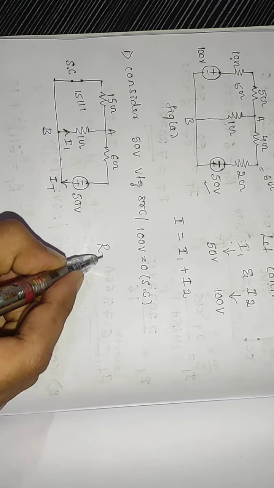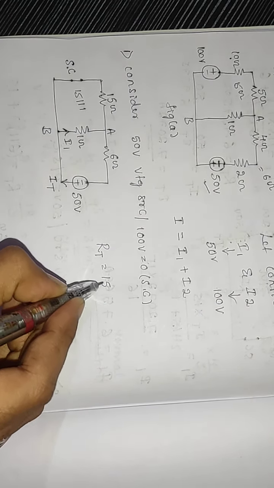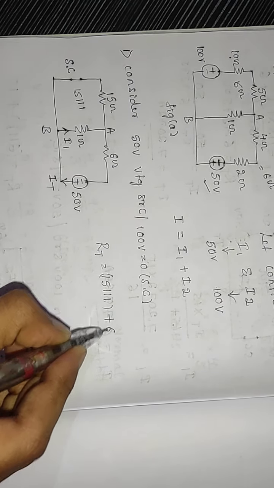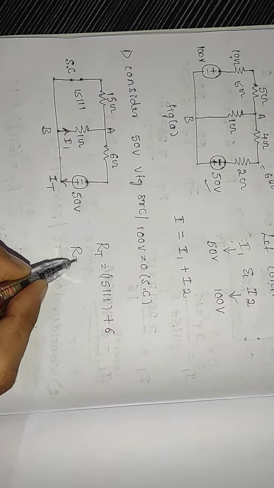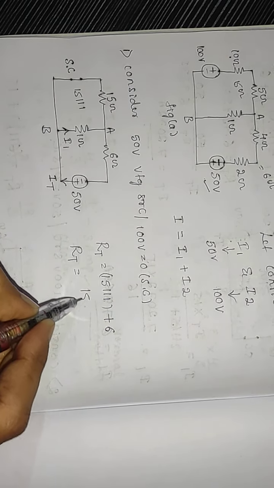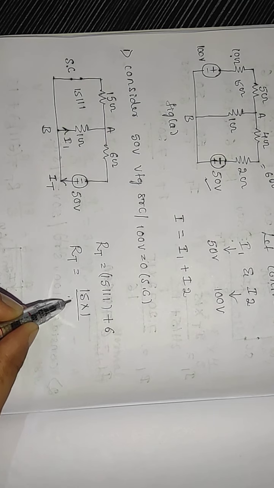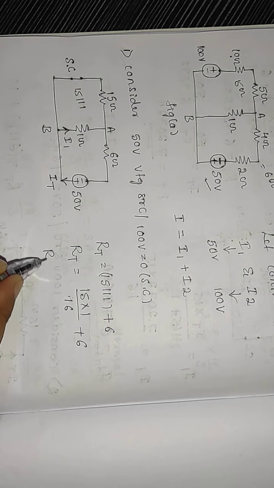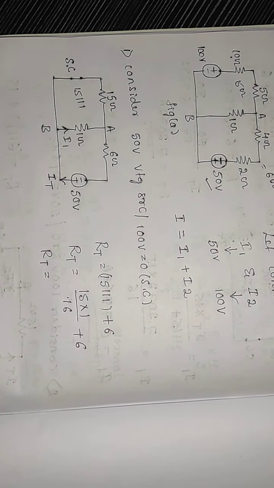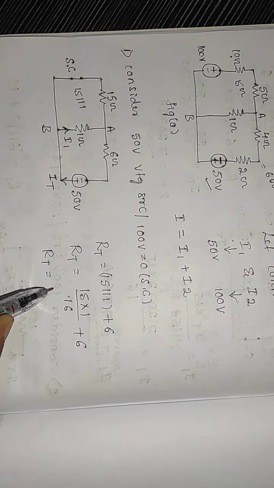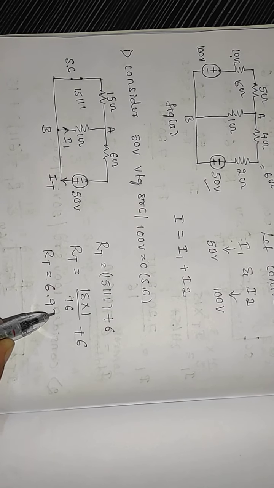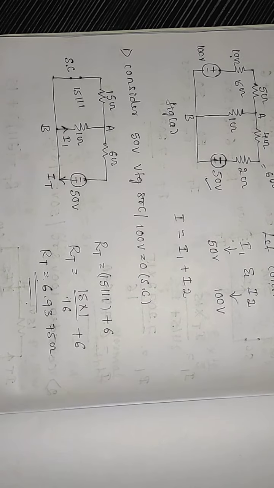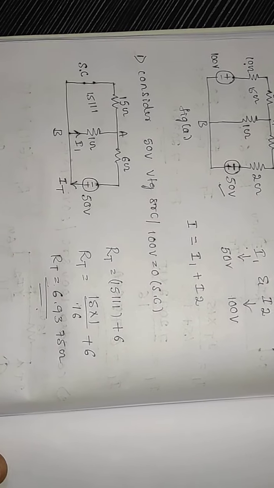The total resistance equals 15 parallel with 1, in series with 6 ohm. So 15 into 1 divided by 15 plus 1, that is 16, plus 6. The total resistance is 6.9375 ohm.